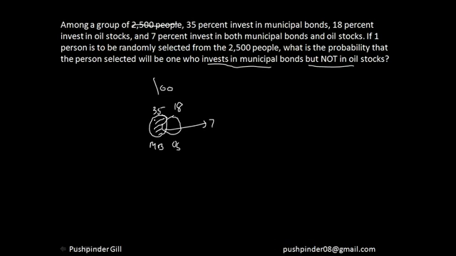If this whole area is 35, and this area is 7, that means this area will be 28, right? So 28% of the people invest in municipal bonds but not in oil stocks. That means the probability is 28 by 100, which is nothing but 0.28. You can either say 28% or you can say 0.28 is the probability.